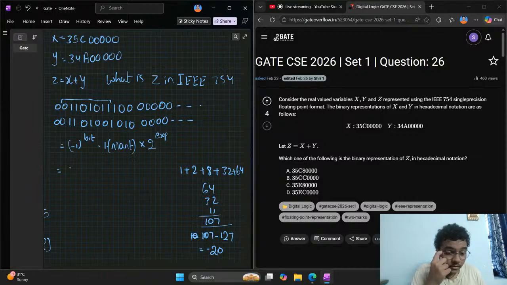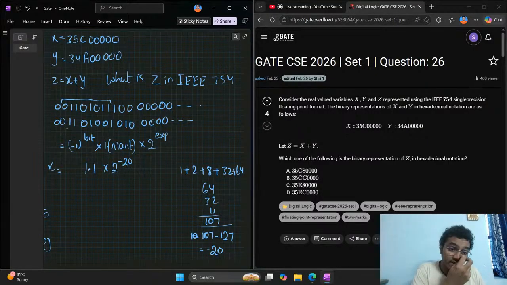So the sign bit is going to be 1, right? So 1 point, the mantissa is going to be 1 into 2 to the power of minus 20, that is going to be the x value. And similarly y value is 1, 2, 3, 4, 5, 6, 7, and 8.